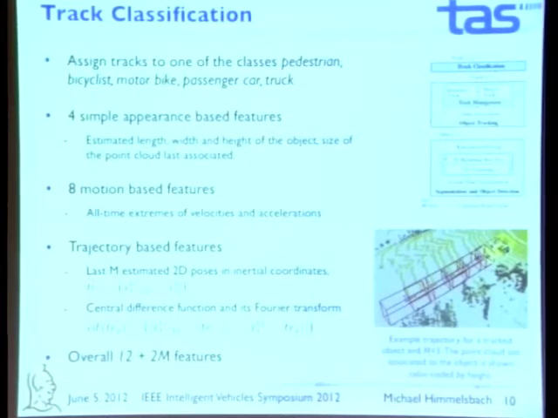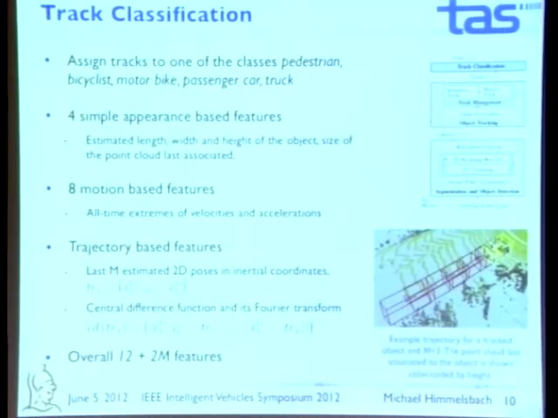But as our robot is equipped with an inertial system, or if we would do a self-localization algorithm, we are still able to generate a trajectory of the tracked objects by integrating our ego motion if the robot is moving. So now a trajectory just means the last m estimated 2D poses in an inertial system. And the picture also shows an example of such a trajectory with 5 poses.